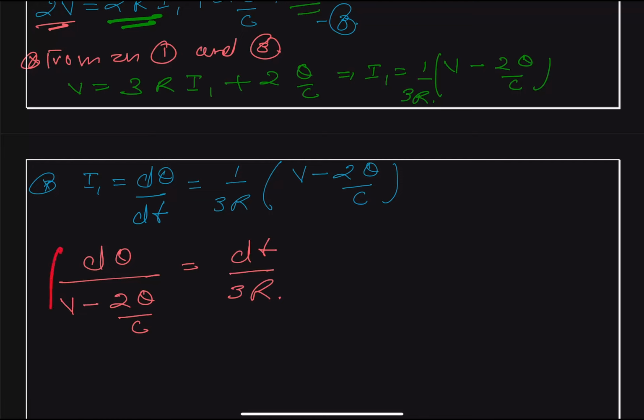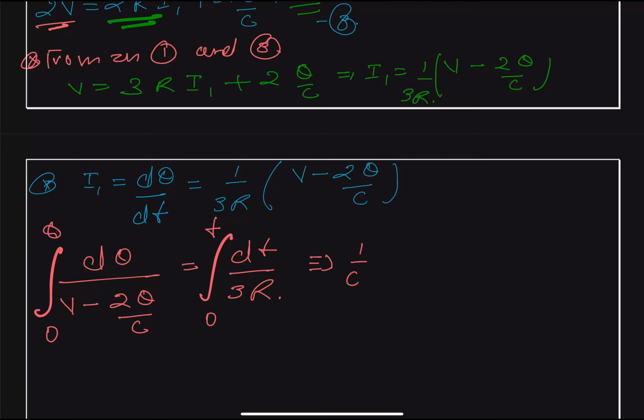And we can just integrate from 0 to q and 0 to t. So on the right side we are going to get t, and on the left side, okay, let me take the C, we can take as LCM, so this comes as VC minus 2q.